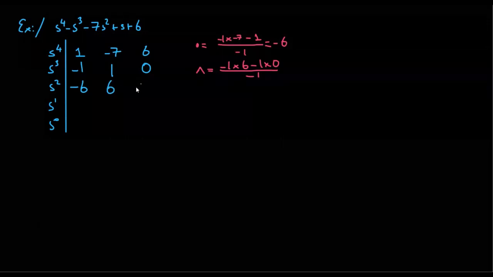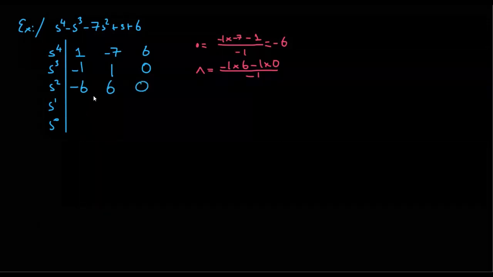Okay. And 0 here. So if I continue to the next row and compute this term, this will be equal to -6 times 6 minus -1 times 6, divided by -6, so it will be equal to 0. So let me write it down as 0.